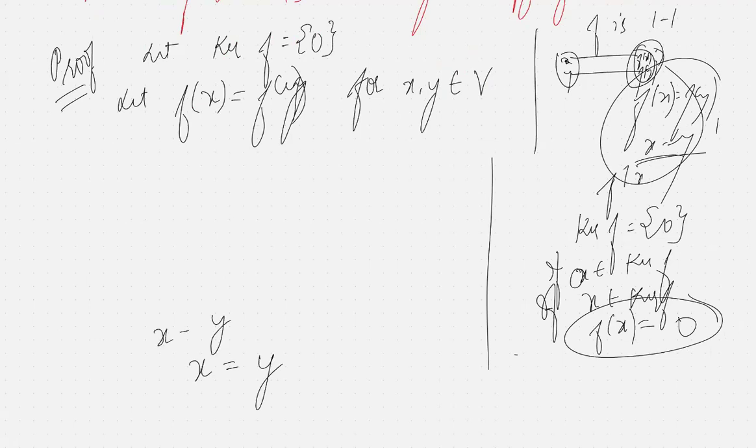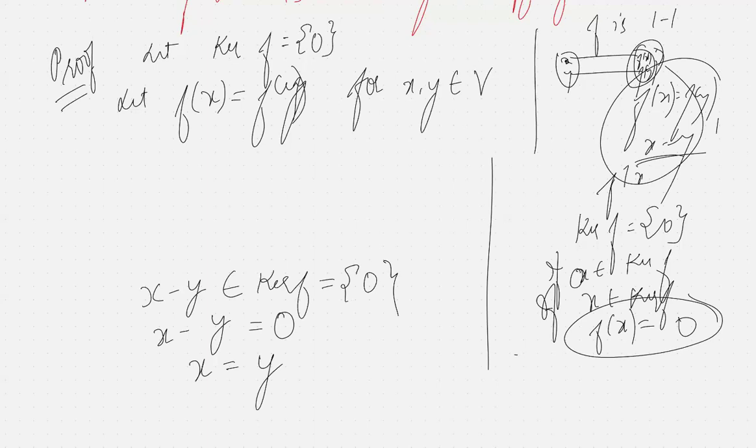Now, x is an element of V, y is an element of V, so x minus y will also be an element of V. Some element of V is being mapped to 0. This means that x minus y belongs to kernel f. Kernel f just has a 0 inside it, so if x minus y belongs to kernel f, x minus y must be 0.